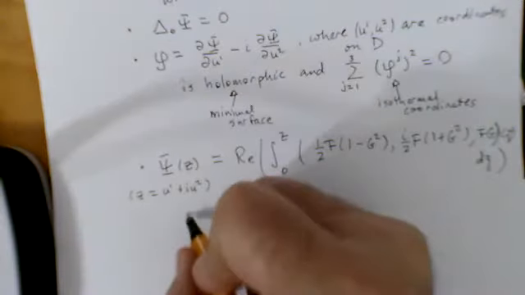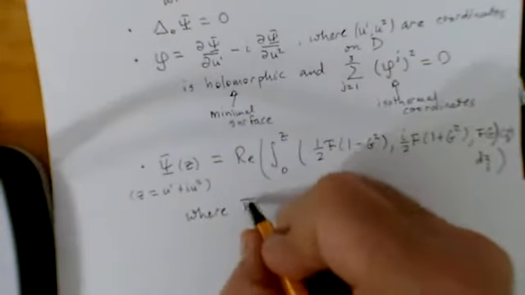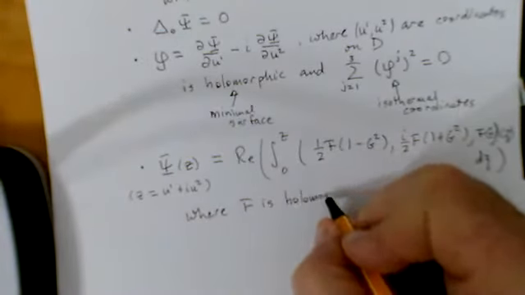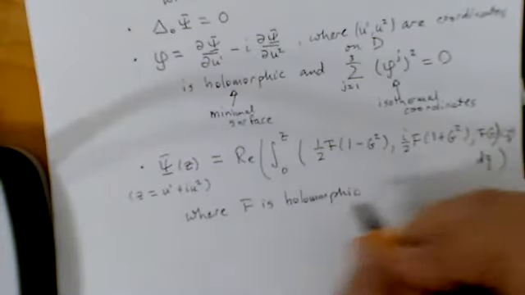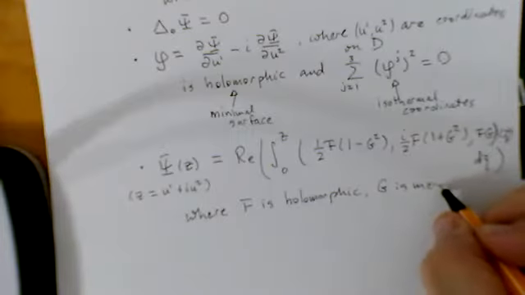And here f is holomorphic, g is meromorphic.